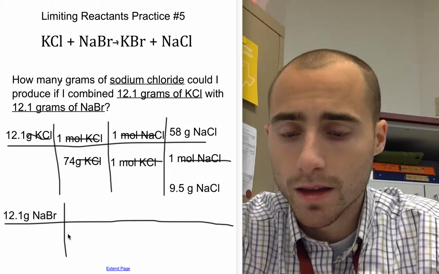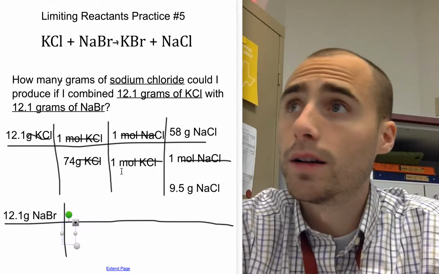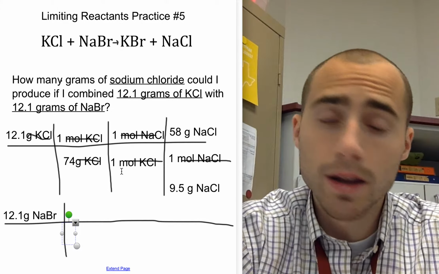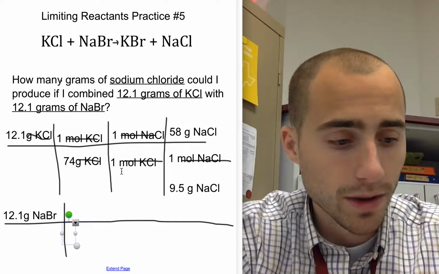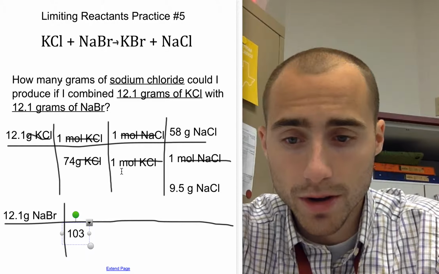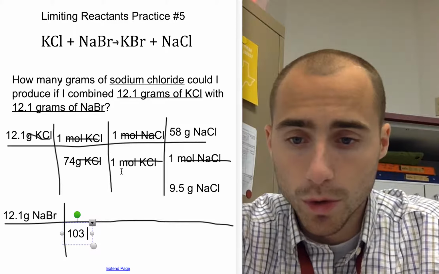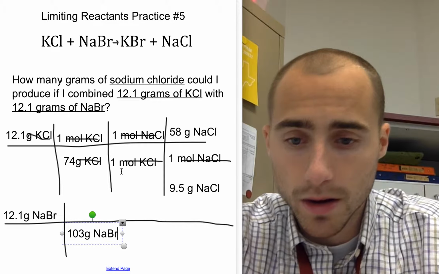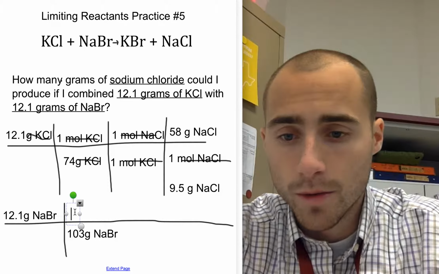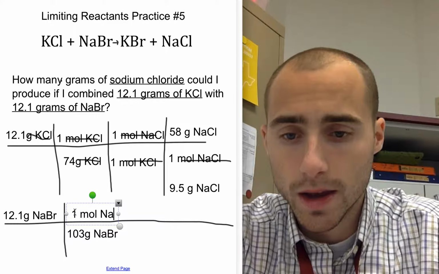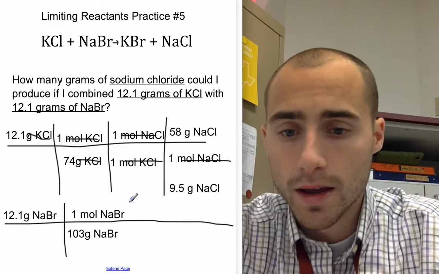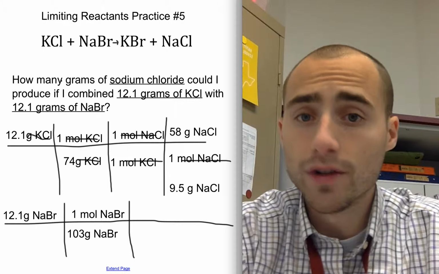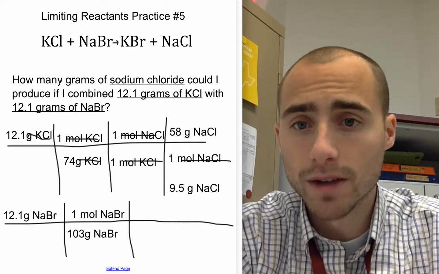The molar mass of sodium bromide: bromine is 80 grams per mole, plus sodium, which is 23, equals 103 grams per mole, grams of NaBr. 1 mole NaBr, sodium bromide.